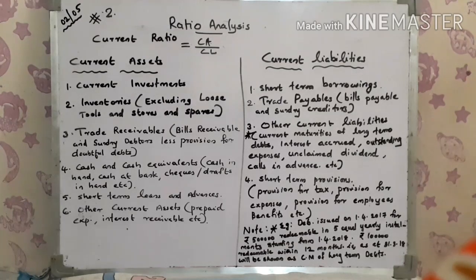Suppose the date is 1st April 2018, then within 12 months means 1st April 2018 to 31st March 2019. If the balance sheet date starts from 1st January 2018, then within 12 months means 1st January 2018 to 31st December 2018. Any assets convertible into cash within these 12 months also come under current assets.